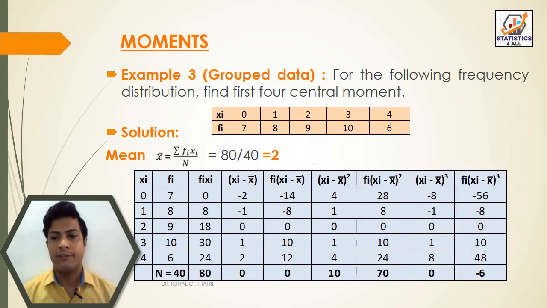After that, we'll find fi into (xi minus x bar) whole cube.